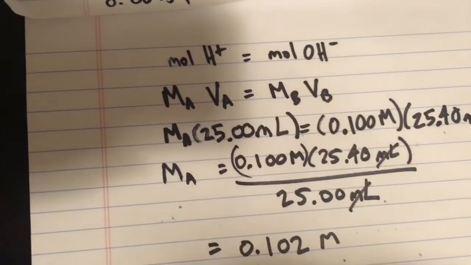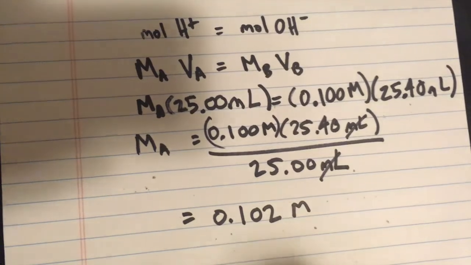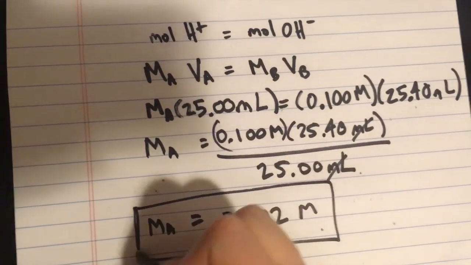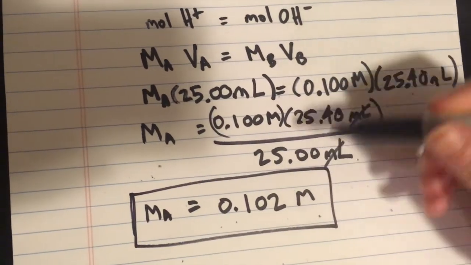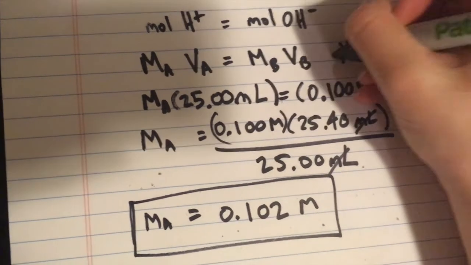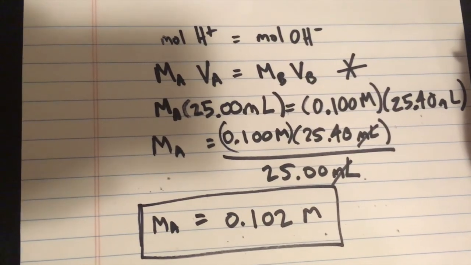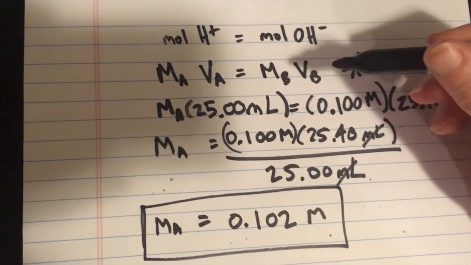So you'll get exactly the same concentration that we did using the long way. I definitely recommend using this equation and this method to figure out the molarity of the unknown.